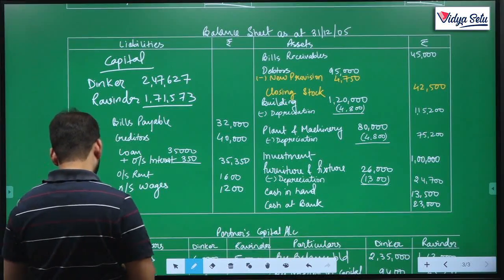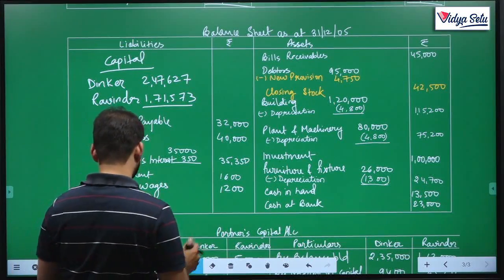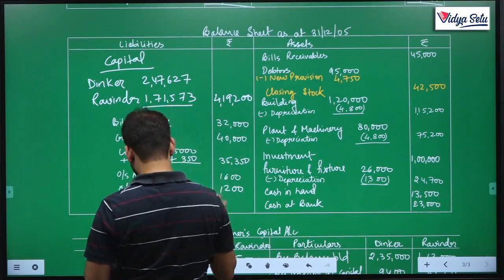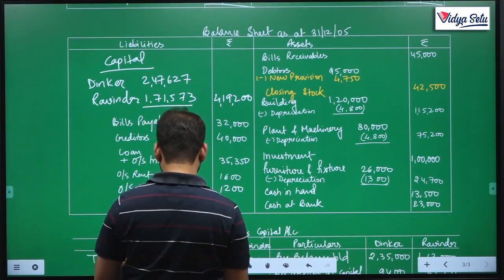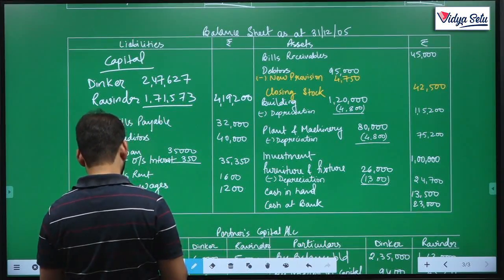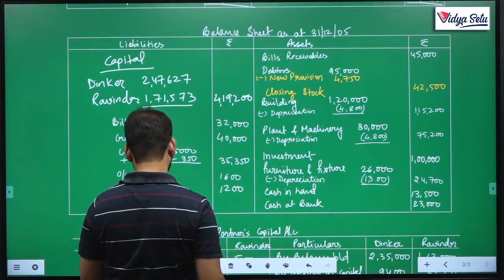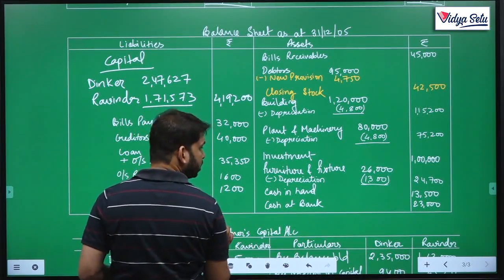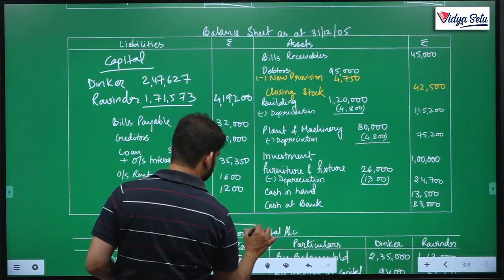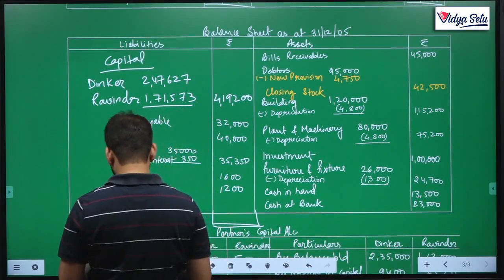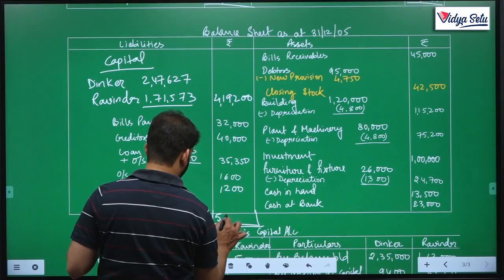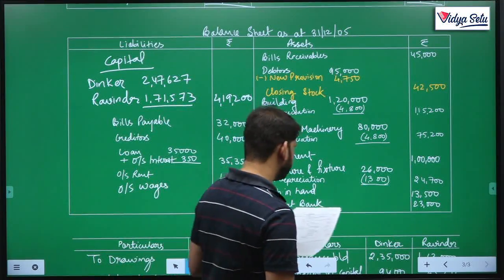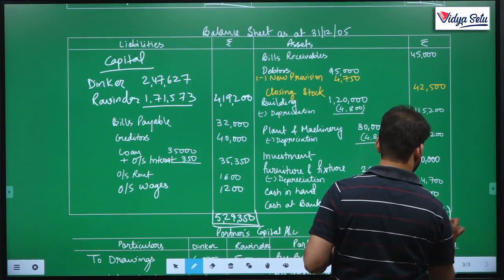So, let us look at the final balance sheet that we have. It is 419200. We have written about the outstandings of 1200, 1600, 35, 350. We have also written 40,000 and 32,000. So, here the total comes to 529350. And let us check the asset side.